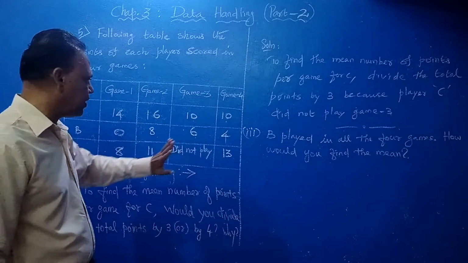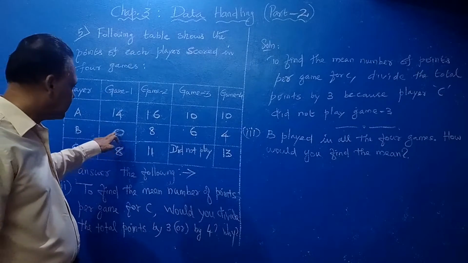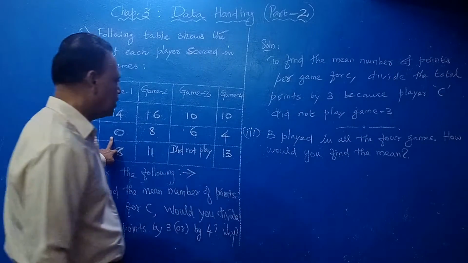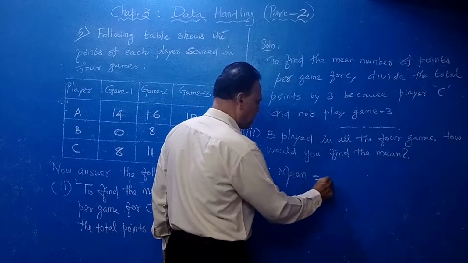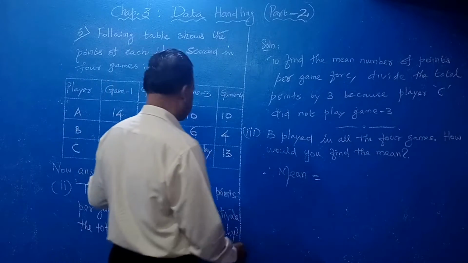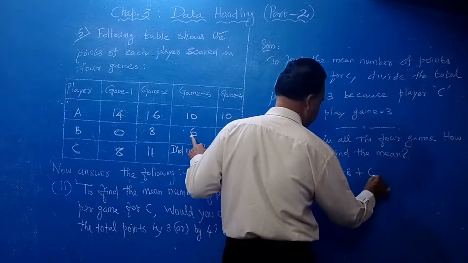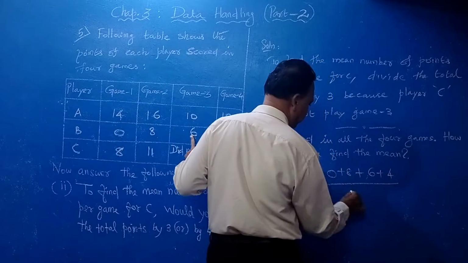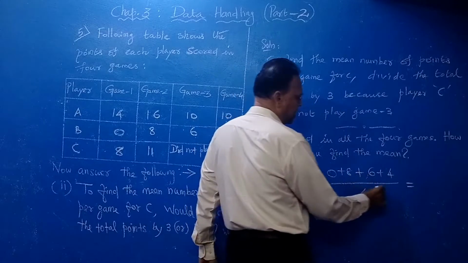Still you have to divide by 4 because he played game 1. That's why you have to consider it as 0. Therefore, mean is equal to 0 plus 8 plus 6 plus 4 by 4, that is equal to how much? 18 by 4.